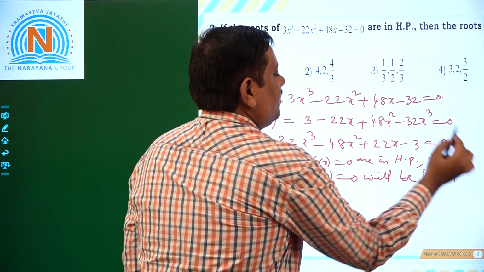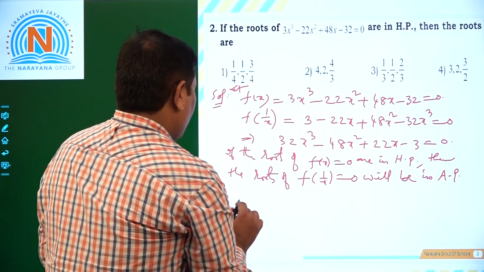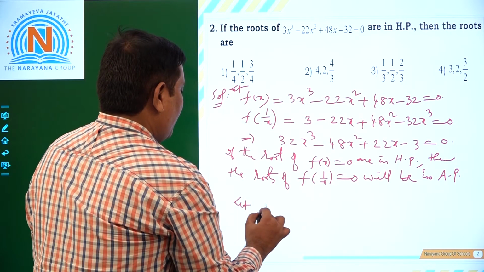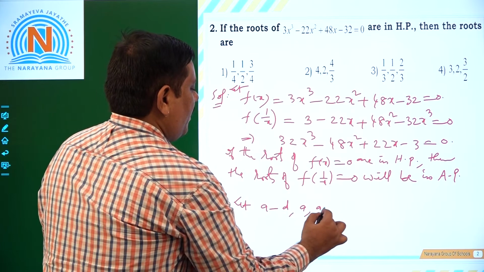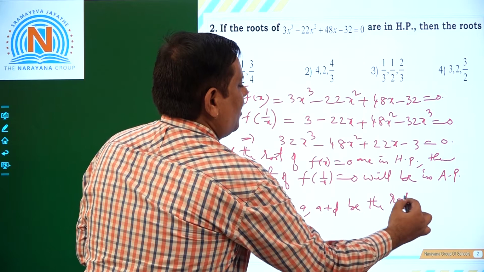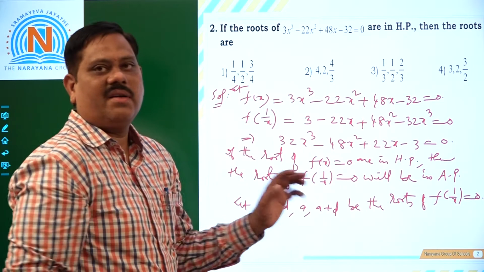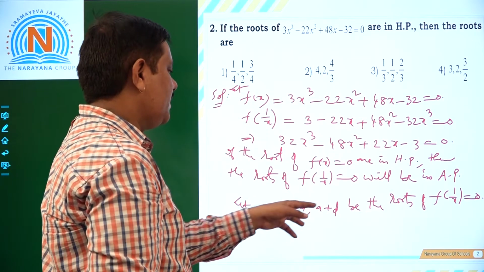This is a very important change, this transformation I am doing. If they are in AP, what I am trying to do is let a minus d, a, a plus d be the roots of f of 1 by x is 0. We are taking the roots of f of 1 by x as a minus d, a, a plus d.